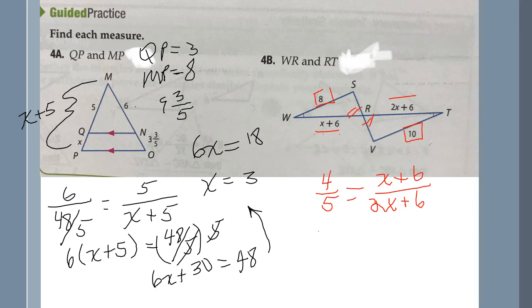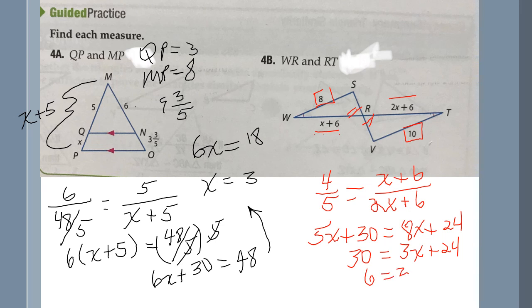And I got 5x plus 30 equals 8x plus 24. I'm going to subtract 5x from each side. I got 30 is equal to 3x plus 24. Subtract 24 from each side. I've got 6 equals 3x, therefore x equals 2.